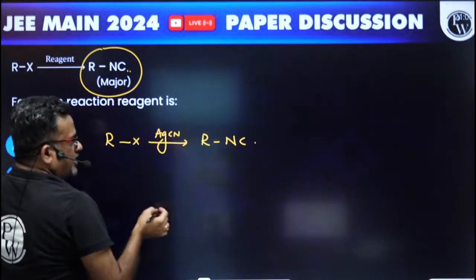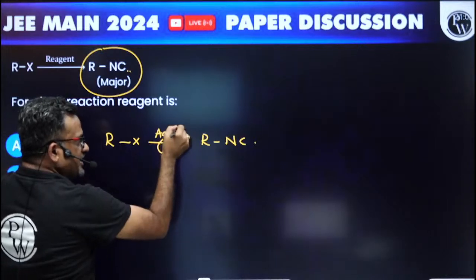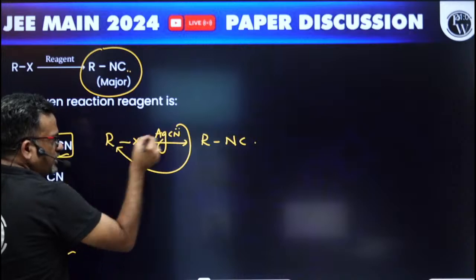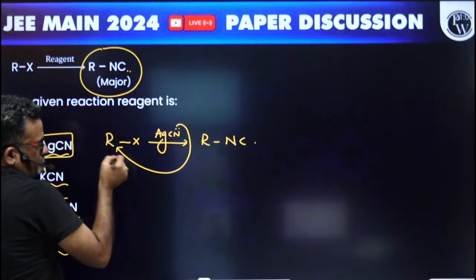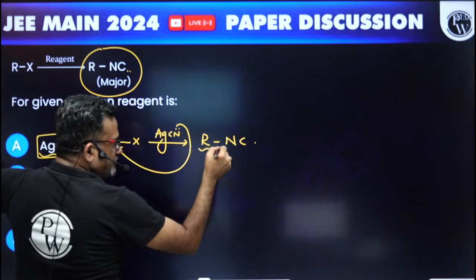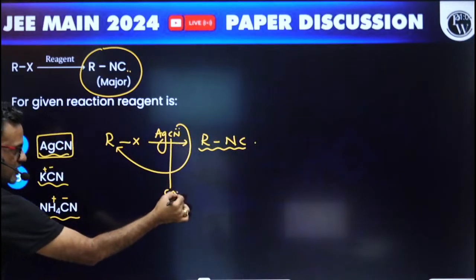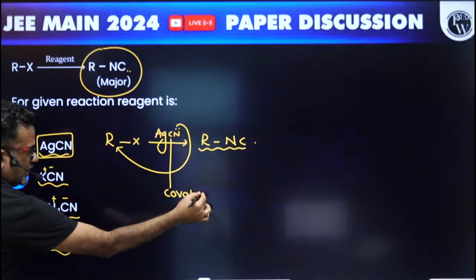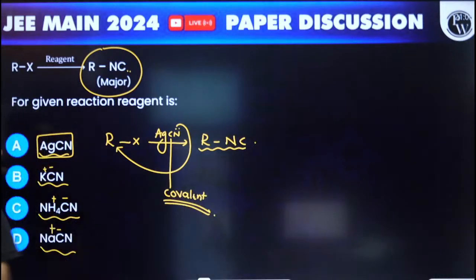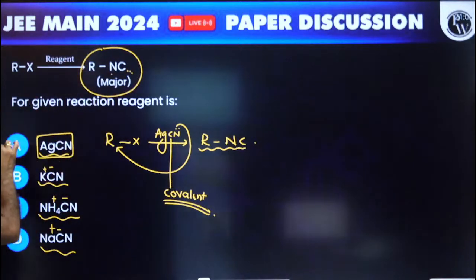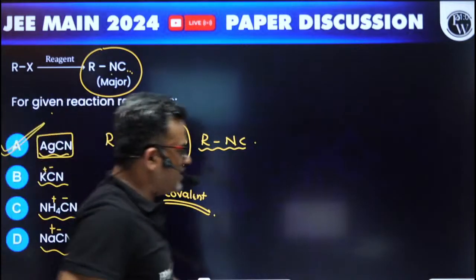Because it is not ionic, it doesn't give you cyanide ion. That is the reason the attack happens through nitrogen. Therefore, it is the nitrogen which binds with R, and RNC is formed. Because AgCN is a covalent compound, it will not have cyanide ions. Hence, it attacks through nitrogen. So to get isocyanide as a major product, we need silver cyanide, not any other ionic cyanides.